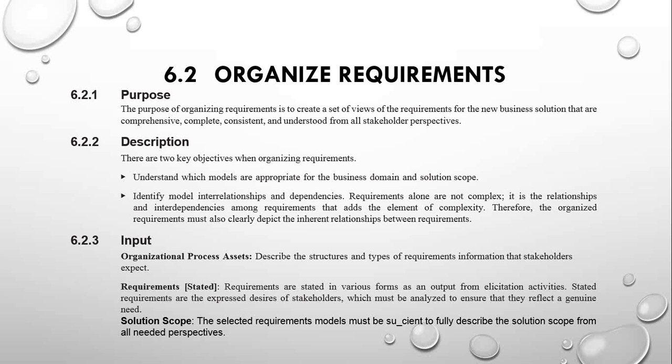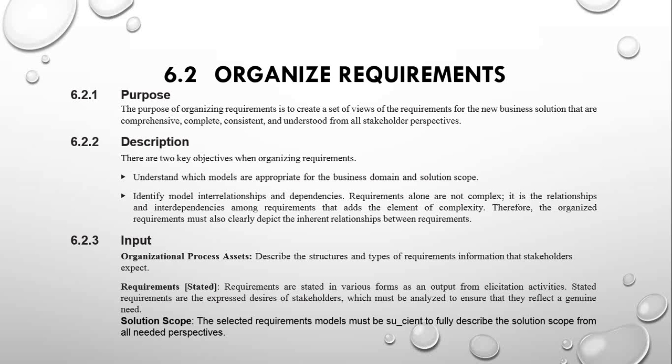Then we have input for this particular area. Input is your organizational process asset. What are the templates and everything which you have. Then we have requirements and stated requirements. Stated means which are confirmed, approved, well stated and documented.